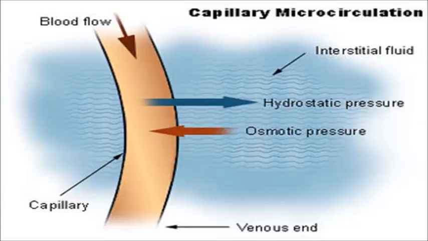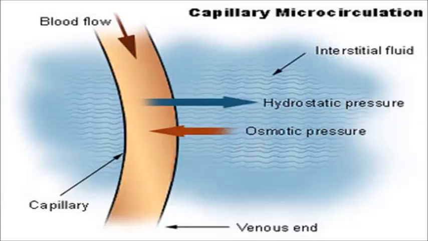There are two forces: one is hydrostatic pressure and the other is osmotic pressure. These two forces will control the movement of fluid through the capillaries. Blood pressure, that's hydrostatic pressure, will tend to cause water to move out of capillaries, and osmotic pressure will tend to cause water to move into the capillaries.